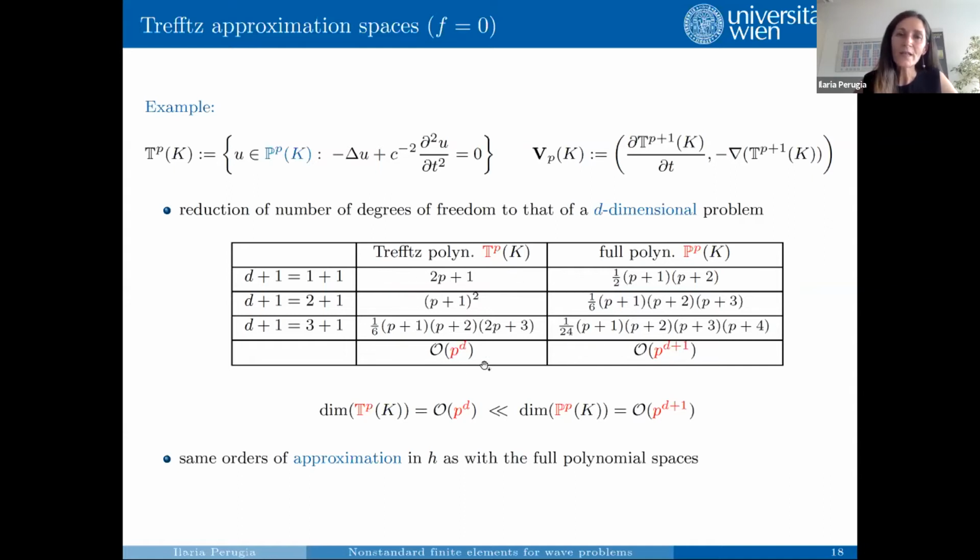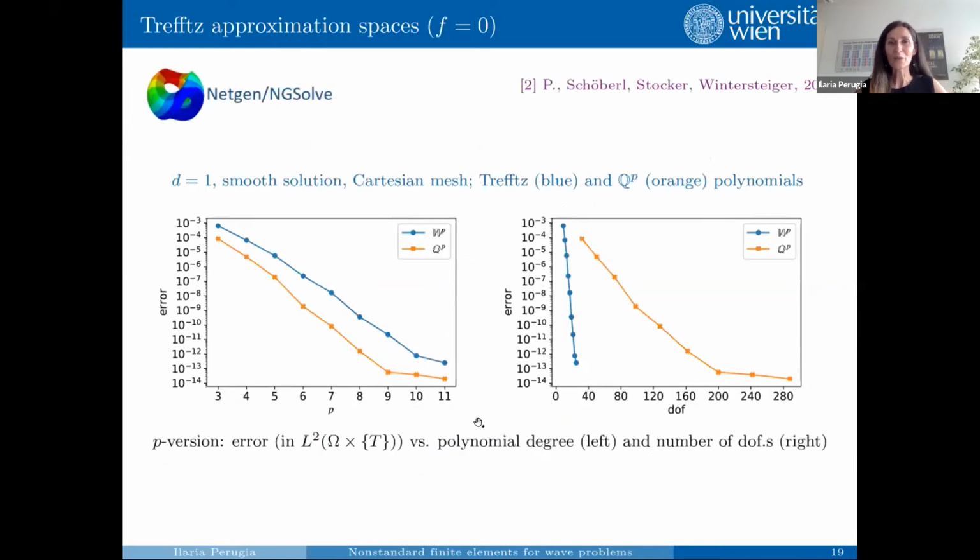Then if you restrict to Trefftz polynomial spaces, you see that the number of degrees of freedom will be of the order of a polynomial degree to the power d. Instead, the full space-time polynomial space will have dimension of order polynomial degree to the d plus 1. So you can maintain the accuracy, but with fewer degrees of freedom. So you can reduce the number of degrees of freedom without destroying accuracy. So this is basically what I wanted to show here.